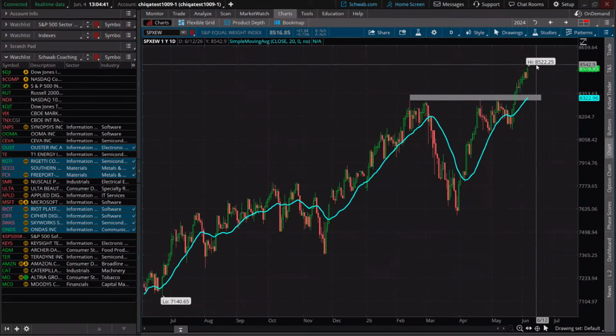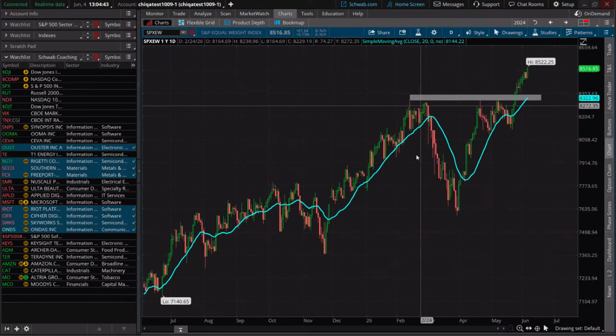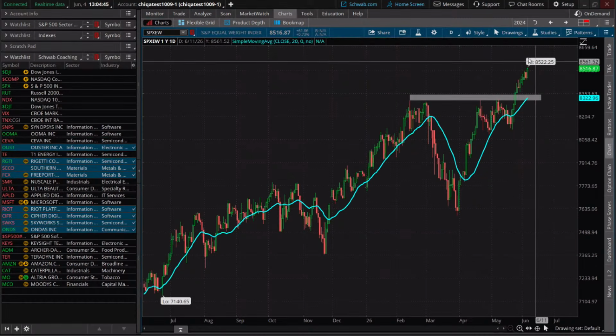That's probably a better term that we should use as technicians with this formation. And we have a breakout to new all-time highs here. So if we think that tech is the only piece of the market that is leading, this will show you that there may be some strength in other pockets of the market too, as the S&P equal weight makes its way to new all-time highs, as the S&P is just digesting some of those gains here.